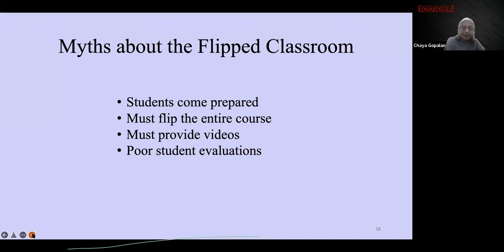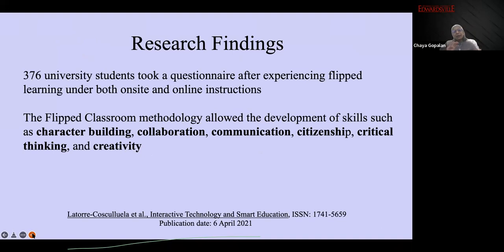All right. So now a few other things, research findings. Here is one piece of evidence. There was a study where 376 students completed a questionnaire after flipped classroom, on-site and online, that is in person and online.